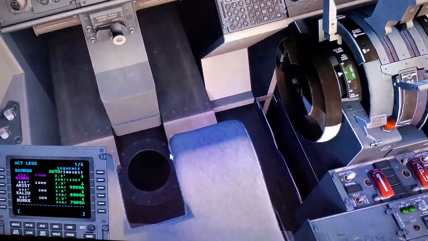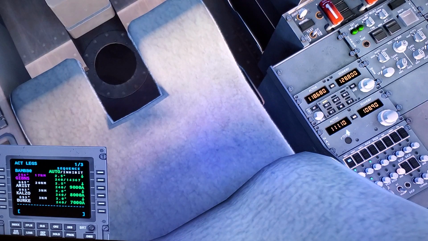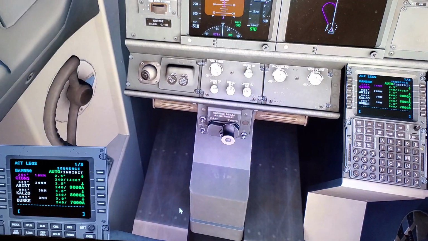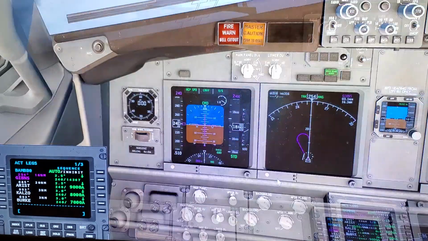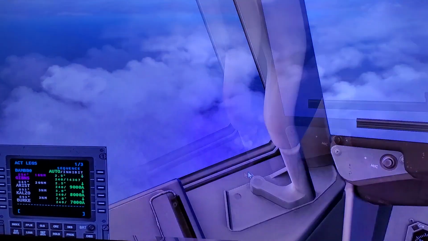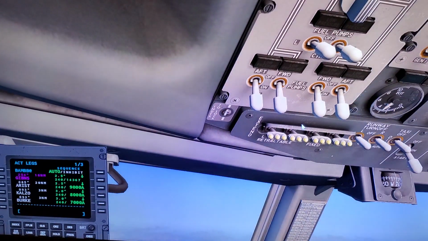The important thing is I should already be set at 11.10 for ILS. Turn the light on.